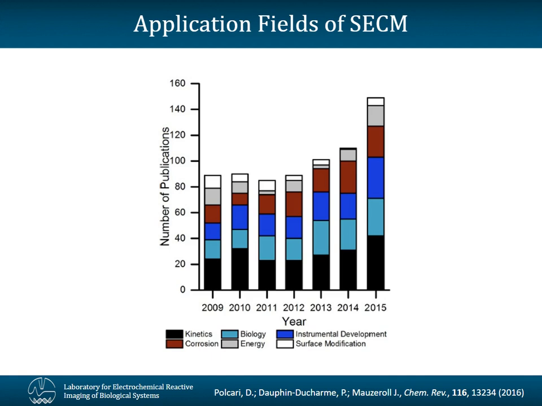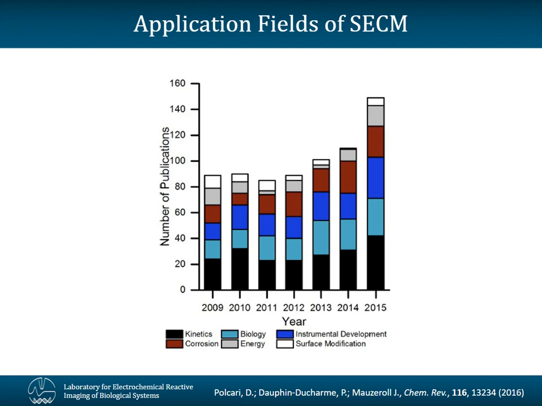If we look at the application field of SECM, we see in black that the kinetics of surfaces has been really well studied. In pale blue, biology has been studied to a great extent. In dark blue, we have instrumental development, the hyphenation of SECM with AFM, with fluorescence microscopy, with Raman.